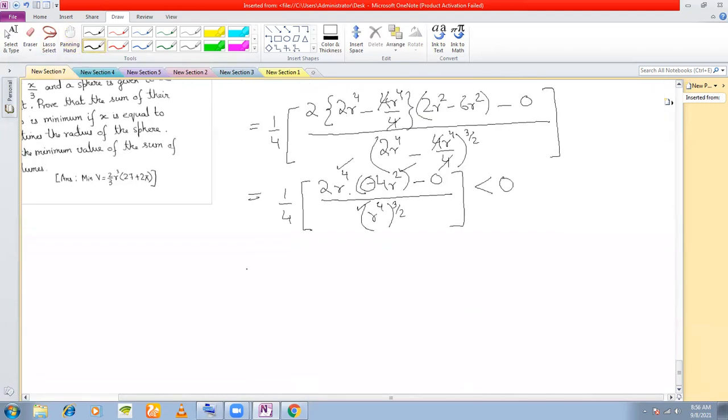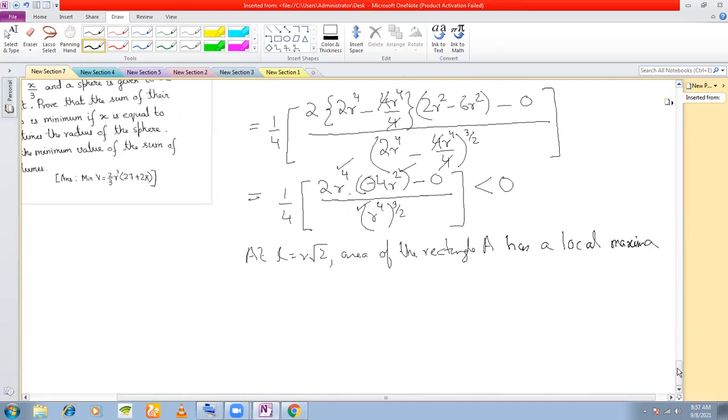Okay, so this is negative. That means at L equal to R root 2, the area of the rectangle A has a local maxima. Area has a local maxima, right?